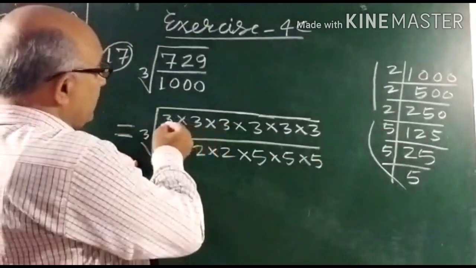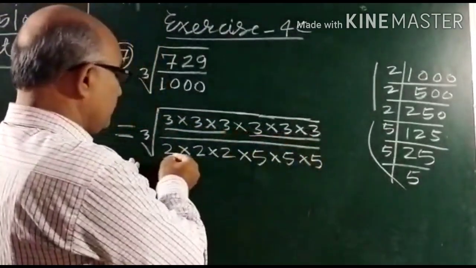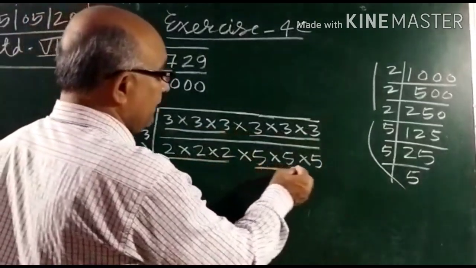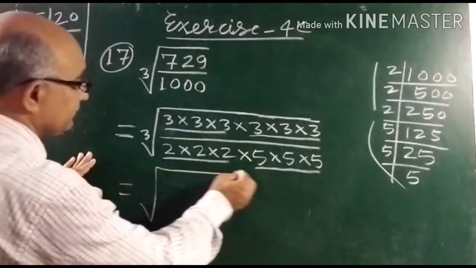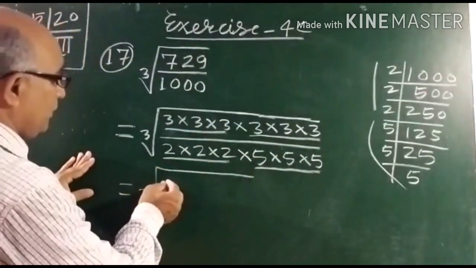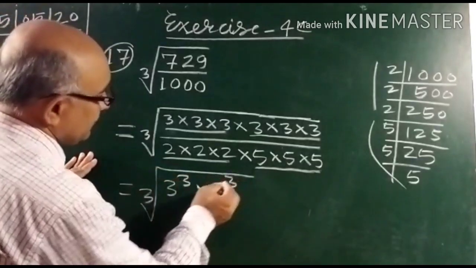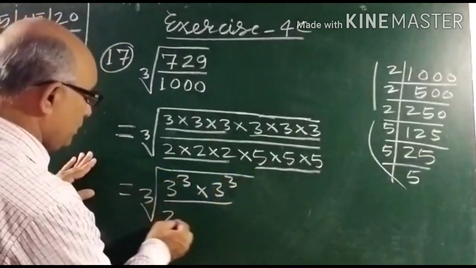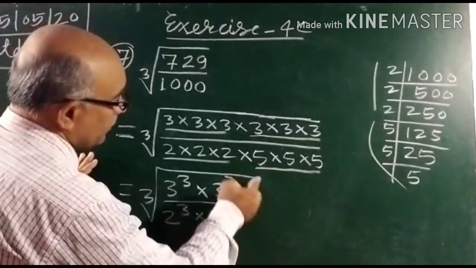Now make a triplet. 3 into 3 into 3, 3 into 3 into 3, 2 into 2 into 2, and 5 into 5 into 5. Write it. Cube root of 3 cube into 3 cube, now 2 cube into 5 cube.